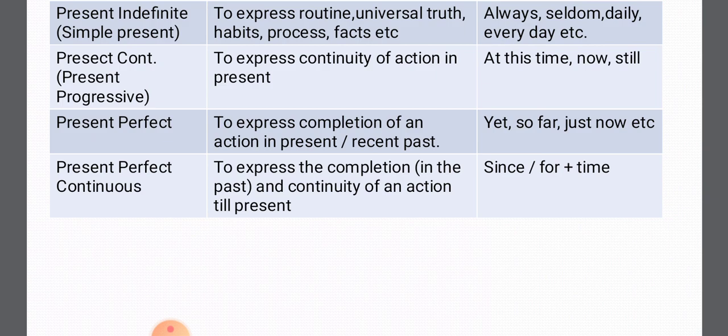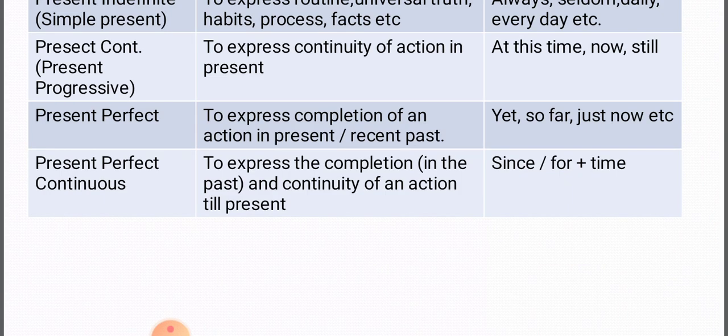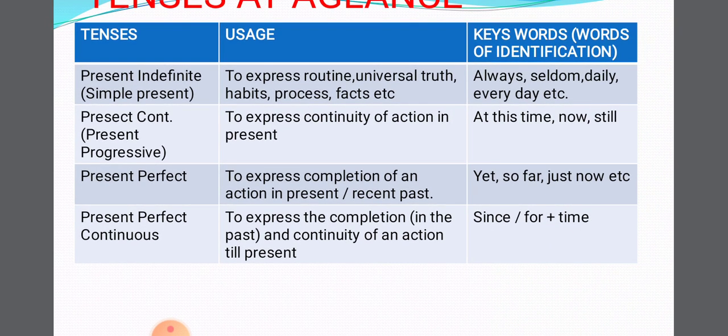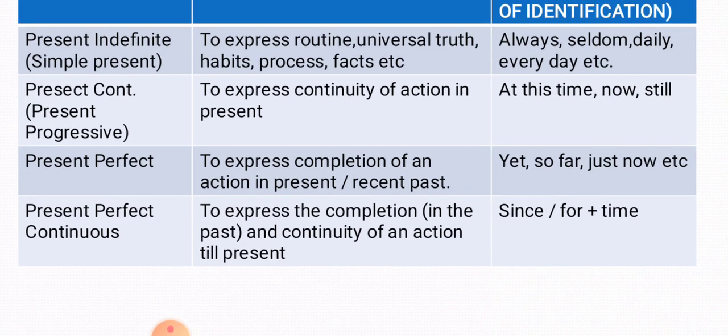Now present perfect continuous, to express the completion in the past and continuity of an action till present. Alright, and the keywords are since, for, plus time. Now what actually it wants to refer to in the use of the present perfect continuous is that one action that started in the past, but it is still continuing.